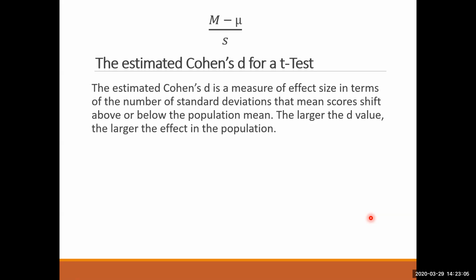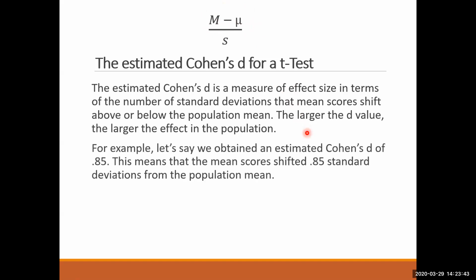And we're going to standardize that size of the effect, which is the absolute mean difference, so that we can say that this mean actually fell 0.92 or 0.553 standard deviations away from the mean, above or below the mean. So it's just measuring the effect in terms of standard deviations.